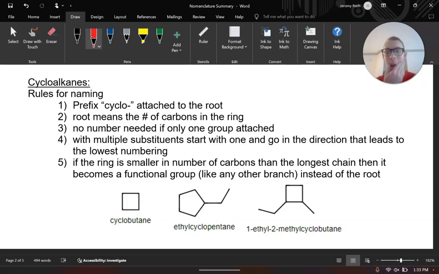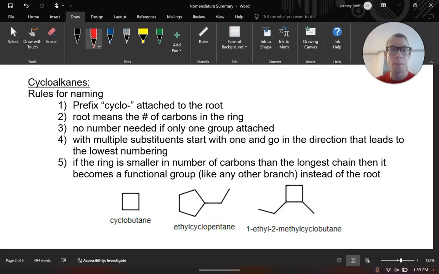The prefix, coming before your parent root, is going to be a descriptor that all of those carbons are in a ring together. So if you have, for example, a cyclobutane, that means it's going to be a cyclic structure of 4 carbons for but, and they're all going to be single bonded based on the ane. Similarly, cyclohexane is going to be a 6-membered ring.